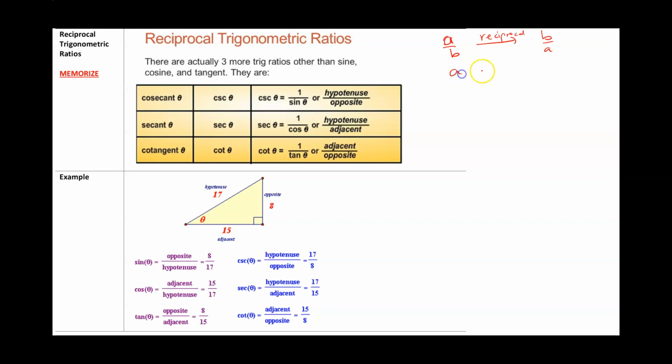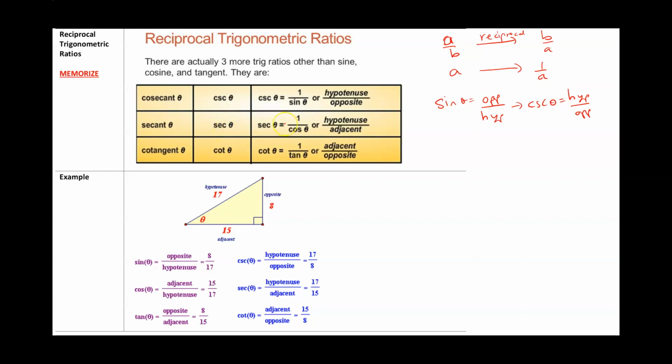If we have A, the reciprocal is 1 over A. The short form of cosecant is CSC. Cosecant of theta is equal to 1 over sine. Since sine is opposite over hypotenuse, the cosecant is the reciprocal, which is hypotenuse over opposite.